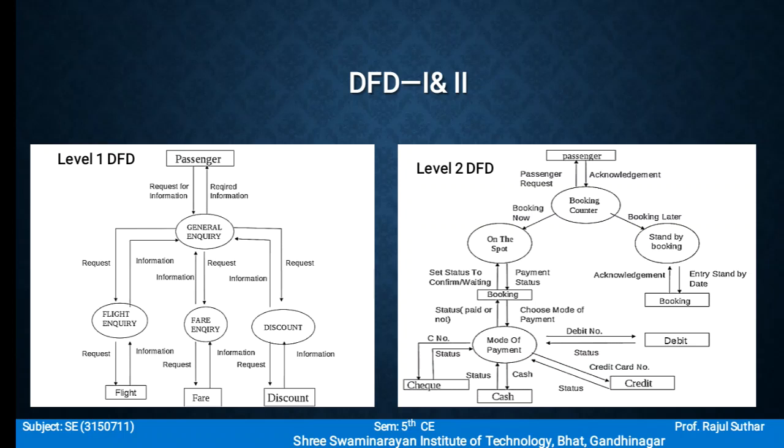If you move on to the next step, that covers the level 2 DFD. Level 2 DFD is the payment information. On the right hand side, the passenger requests or processes the booking at the counter, and there are two parts of payment: on the spot as well as standby booking.